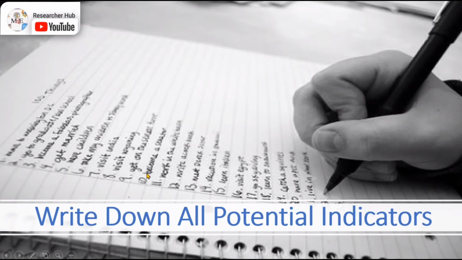Then once you are in that process, we need to write down all potential indicators that you feel it's possible to measure that one. Normally in my process, I just write down all the indicators that they propose, or that I saw when I consulted the secondary data and thought were good indicators.